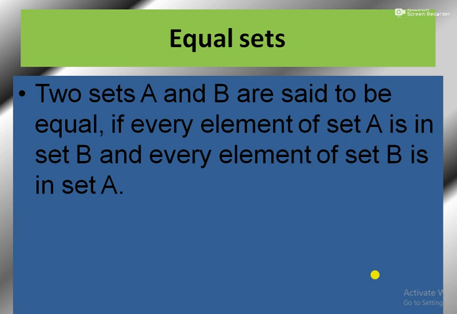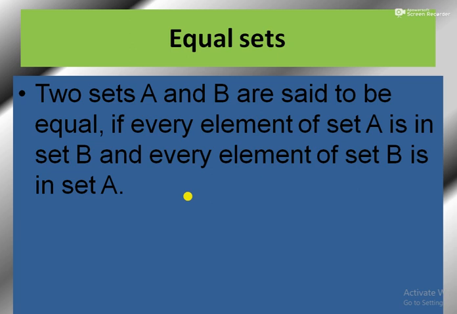Suppose two sets are A and B. They are said to be equal if every element of set A is in set B and every element of set B is in set A. That means the number of elements should be the same between these two sets, not more or less; the elements should be the same.